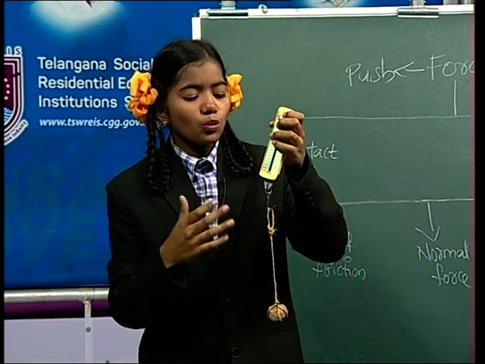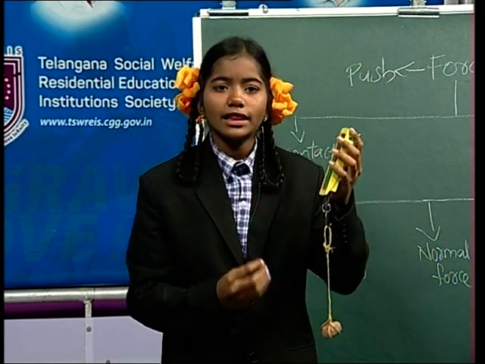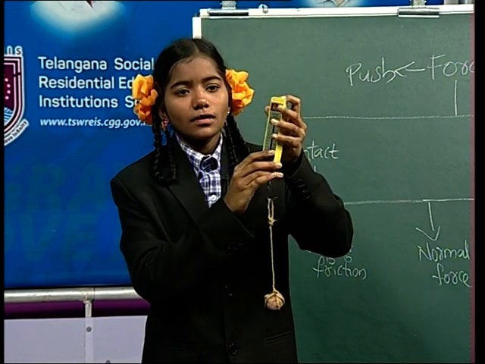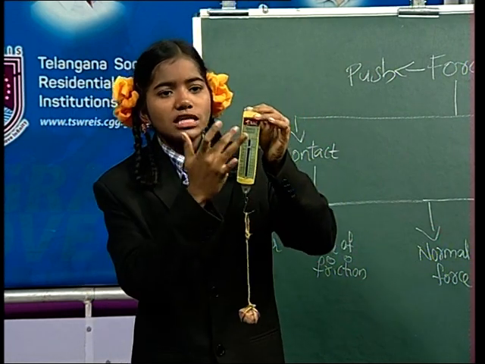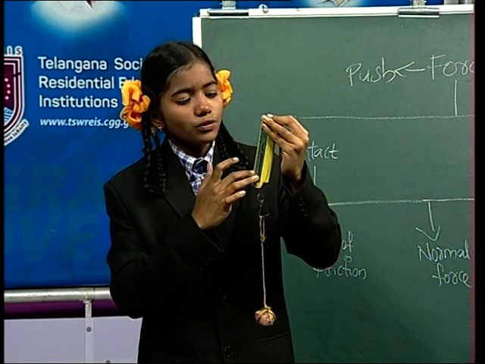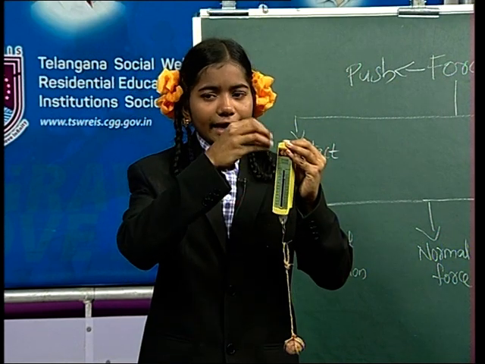Friends, here we can observe that the gravity pulls the stone down all the time, but it does not fall down because it is supported by the spring balance. Thus, there exists a force which pulls the stone against gravity by pulling it upward.